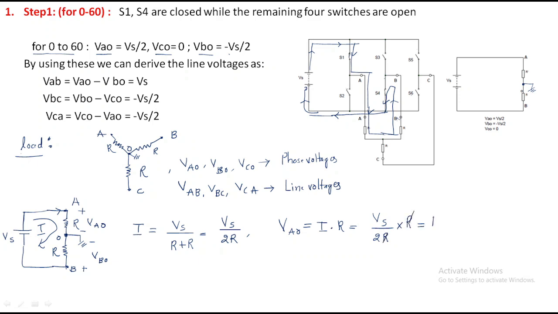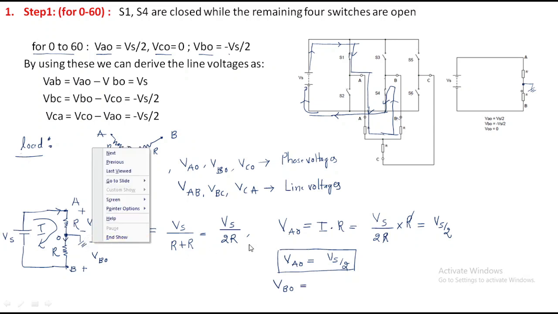That leaves Vs by 2. So from this we get VA0 equal to Vs by 2. Understand? Next we will find VB0. In VB0, the current enters from the negative terminal and leaves from the positive terminal.